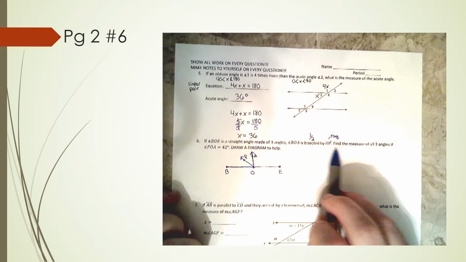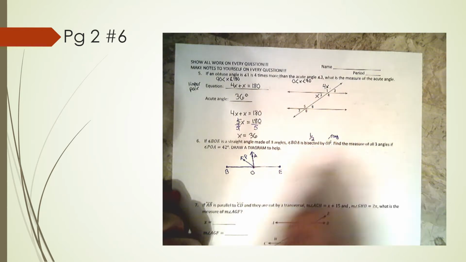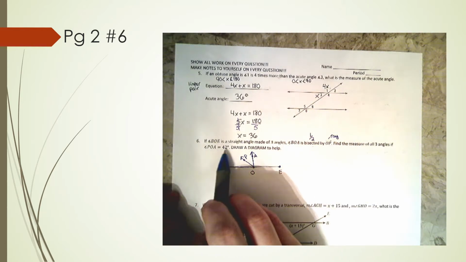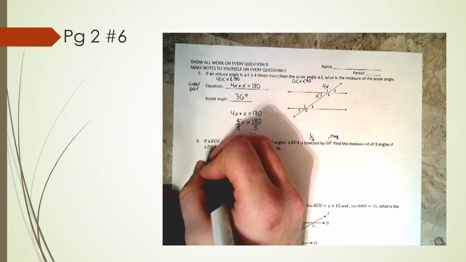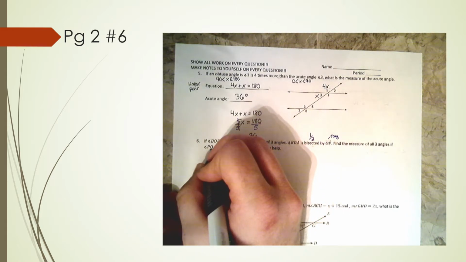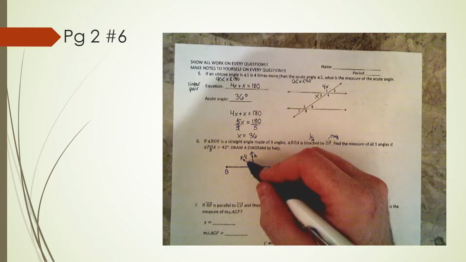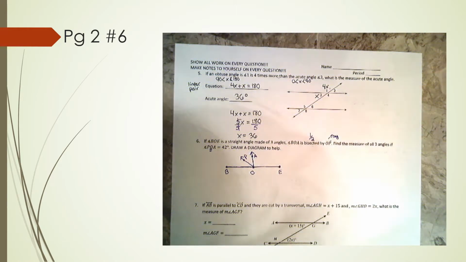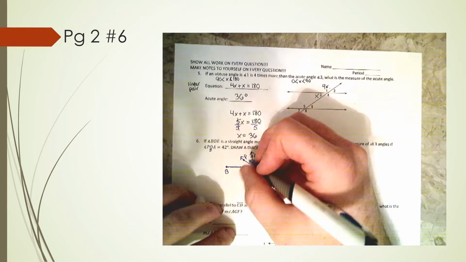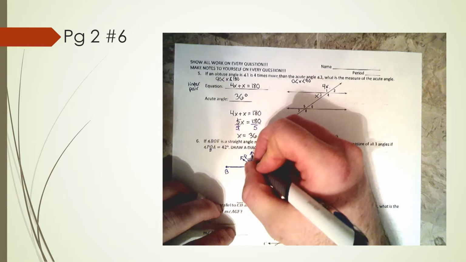It wants us to find the measure of all three angles if angle POA is equal to 42. Well, the most important letter there is the O. The middle letter in the angles is the most important. So we have angle POA. That angle right there is supposed to be 42 degrees.